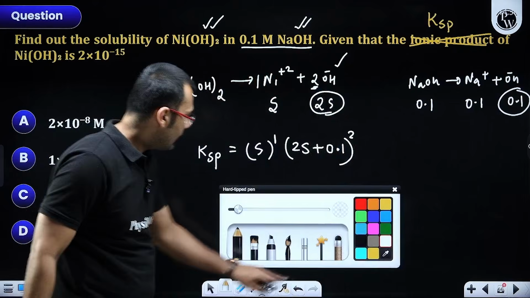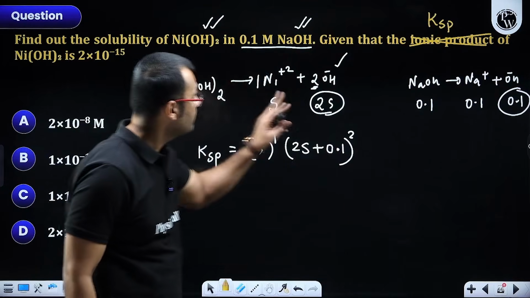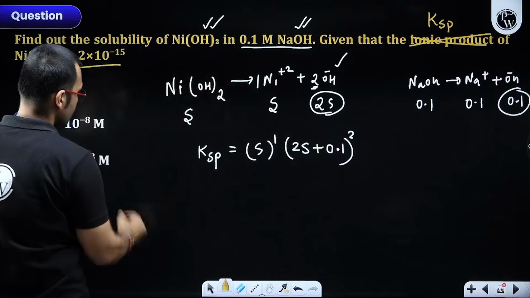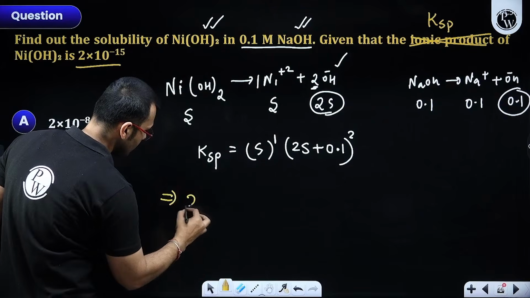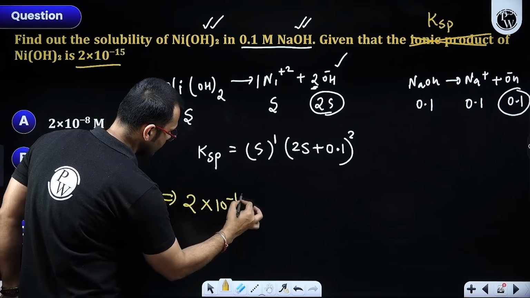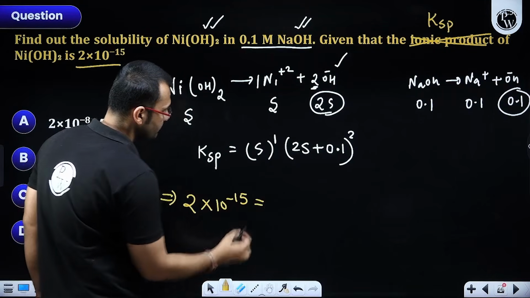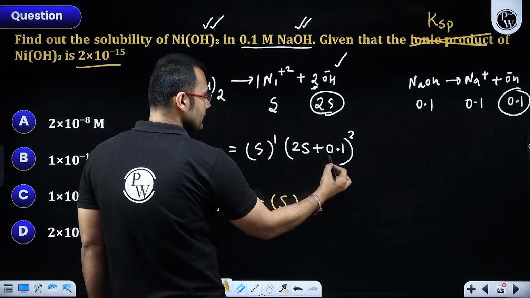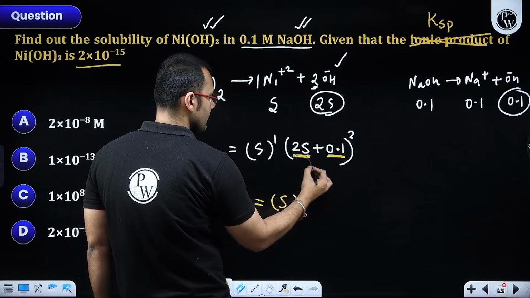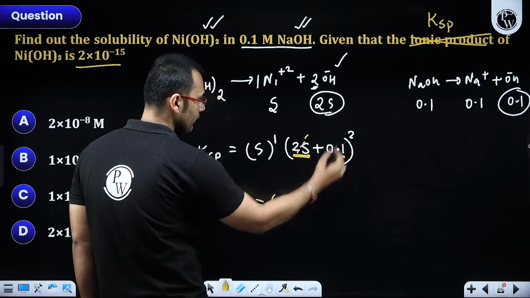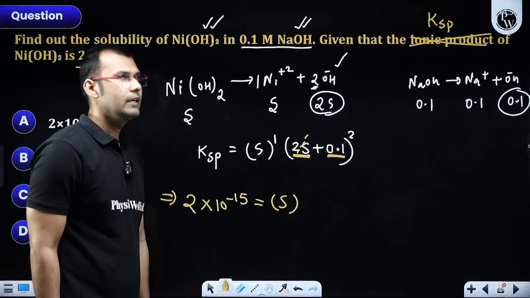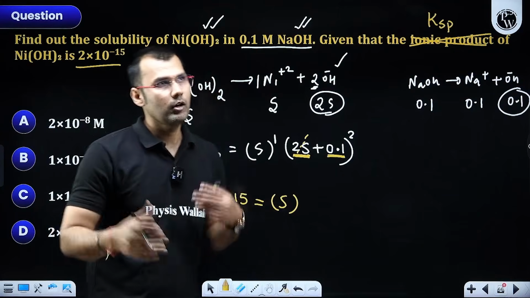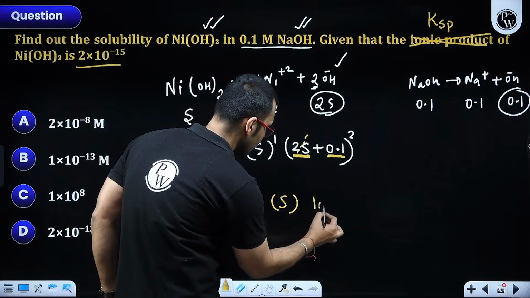Now the Ksp value is given. How much? 2 into 10 power minus 15. Now this will be equal to S into, again students, as compared to 0.1, S is very small, so it will be ignored. So 0.1 squared, where 0.1 can be written as 10 power minus 1. So 10 power minus 1 squared is 10 power minus 2.